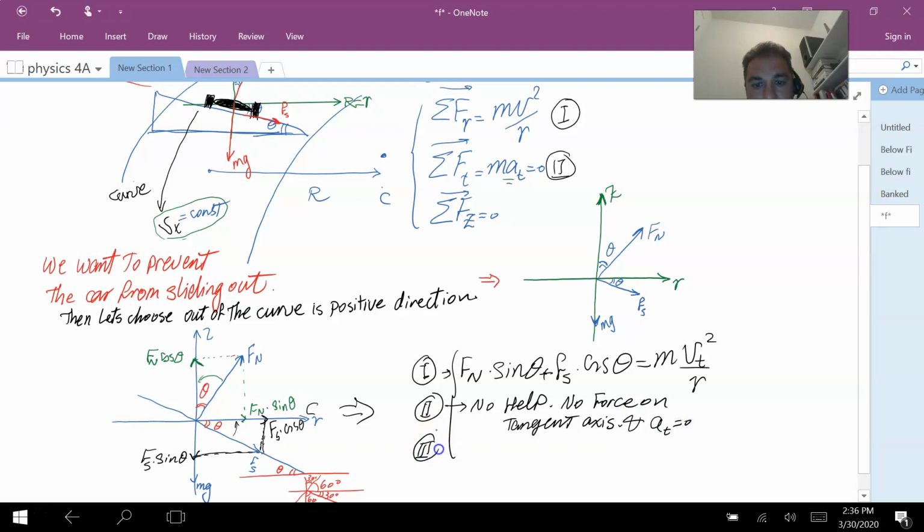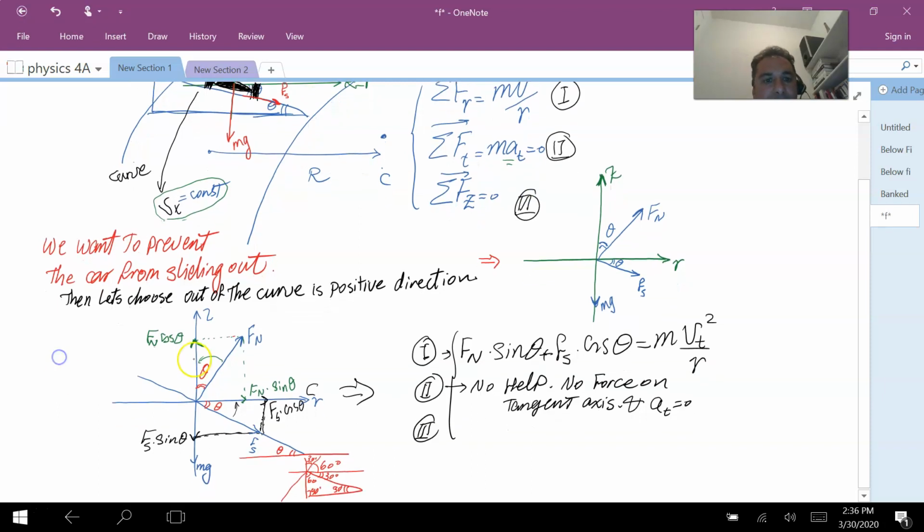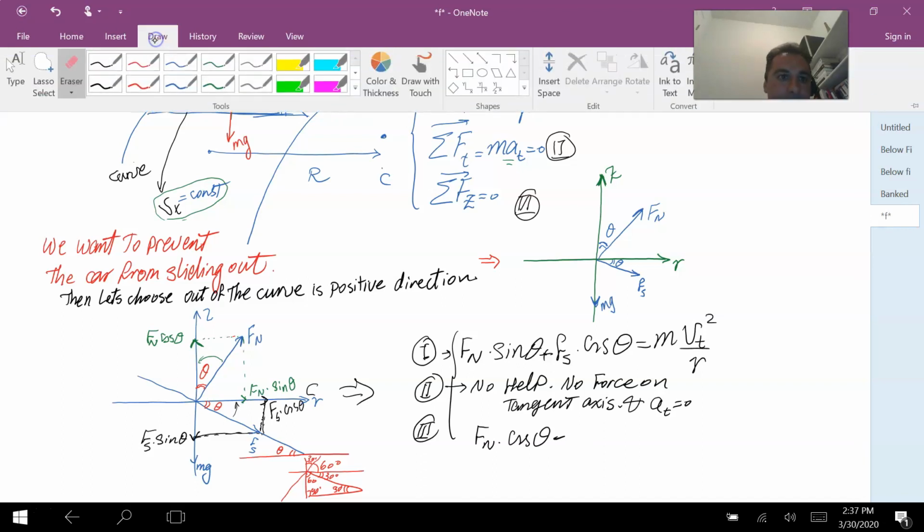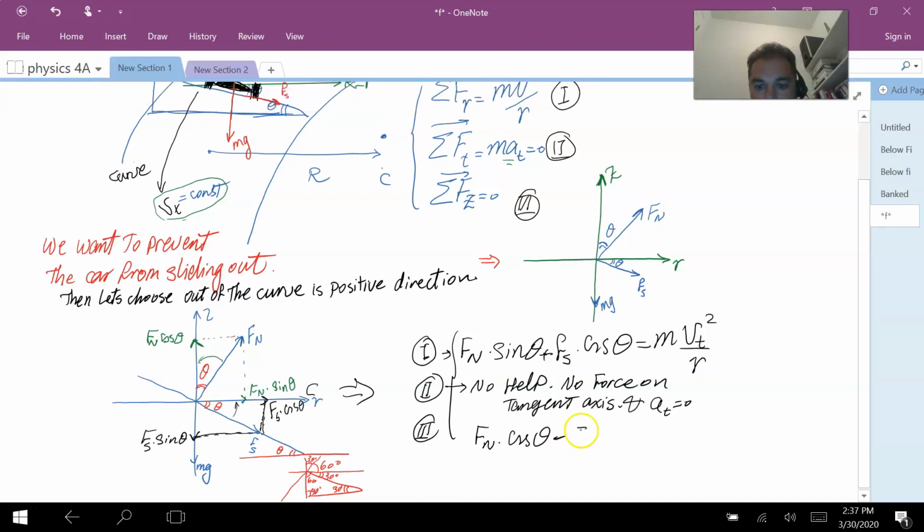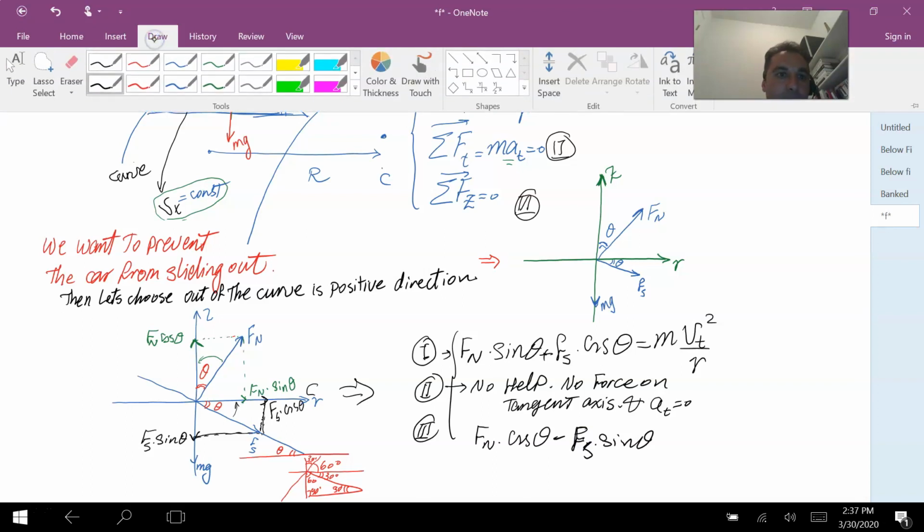But what about number 3? Let's say this is number 3. How many forces do we see on the z-axis? Green one, Fn cosine theta, so anything up is positive. Anything down is negative, minus Fs sine theta. This is friction force.